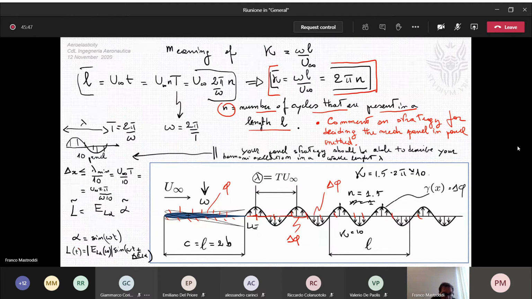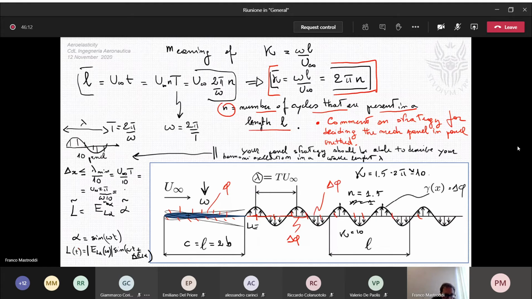So you have a minimum lambda, so you have a maximum omega. Your higher frequency of the airfoil motion is the worst case for you in terms of panels. So you have lambda minimum, so you have omega max, and this omega max divided by 2 pi is the maximum frequency of your problem.